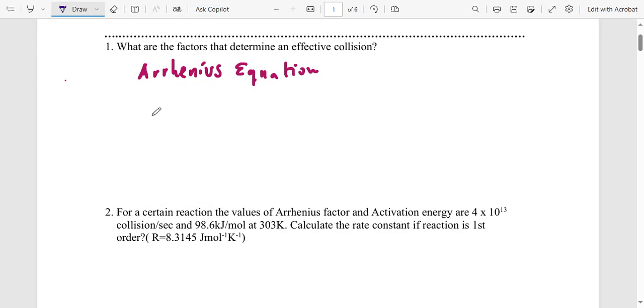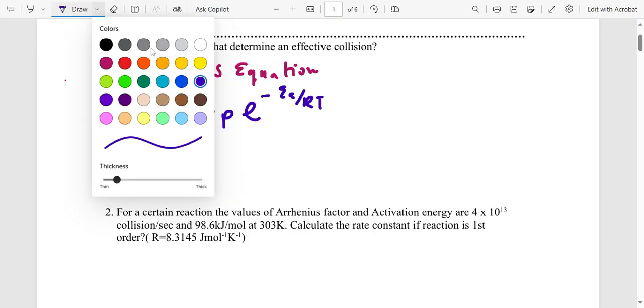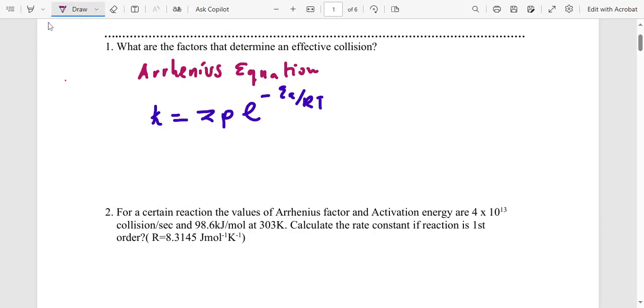So the Arrhenius equation is k equals Zp multiplied by e to the power negative activation energy divided by RT. It's not a complex equation, it's something that you can know. So what does each one of these mean?